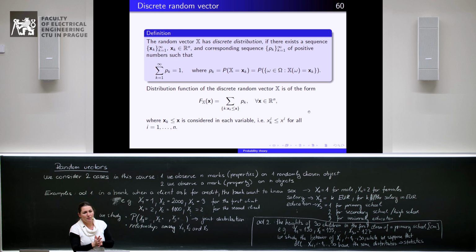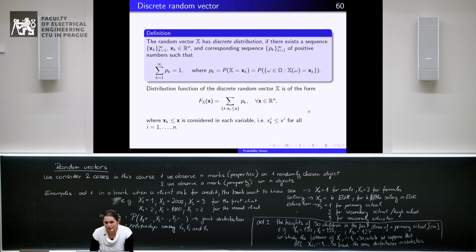So what does it mean that the random vector is discrete? It means that each of its parts, each of the elements, so each random variable in the vector, is a discrete random variable. So each random variable in the vector can take only a finite or countably infinite number of values.